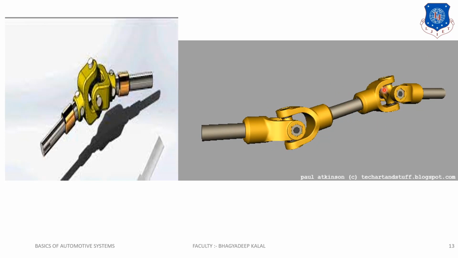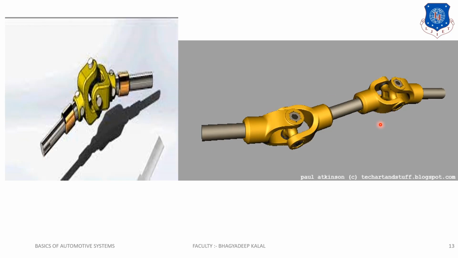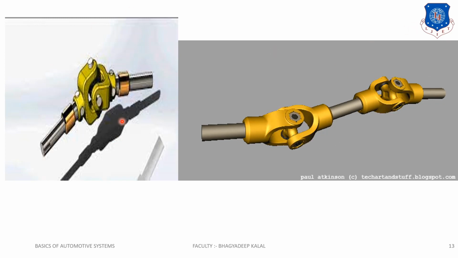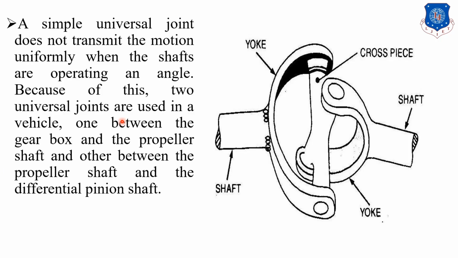The function of two universal joints is to reduce the difference of speed, so whatever speed comes here is transmitted to the rear axle. That's why we use two universal joints. One universal joint is used here, and a simple universal joint does not transmit the motion uniformly. This is our simple universal joint.